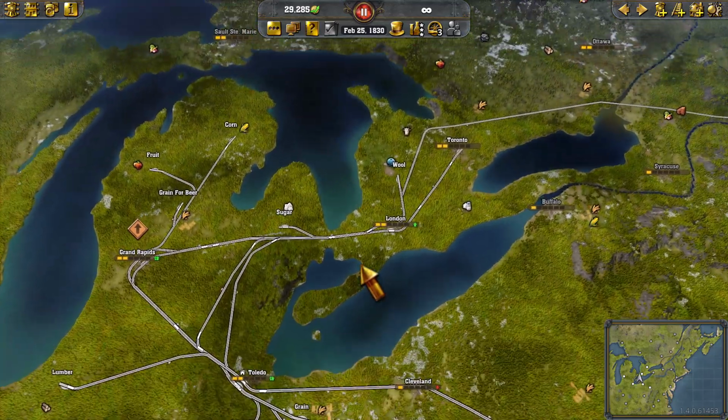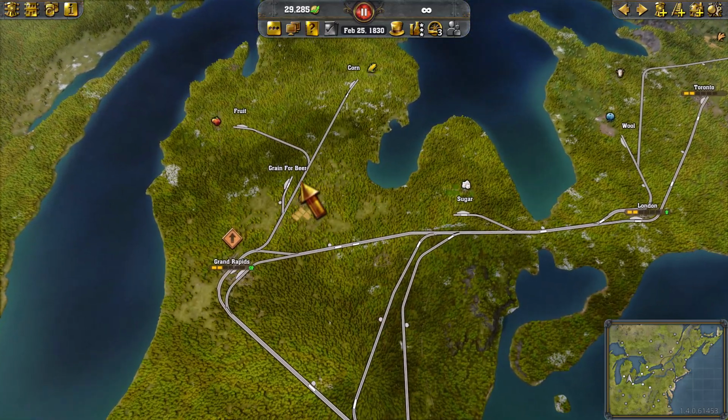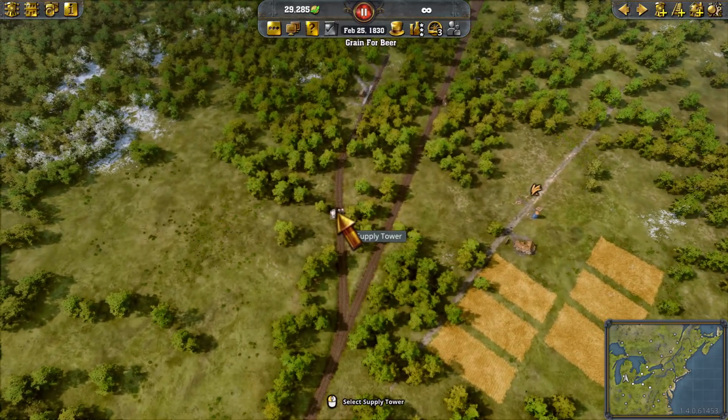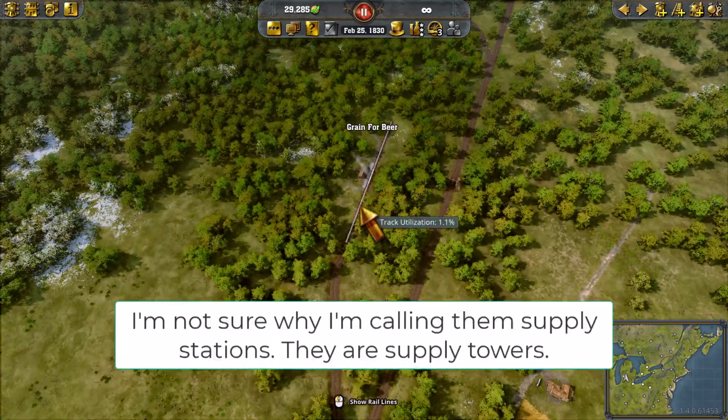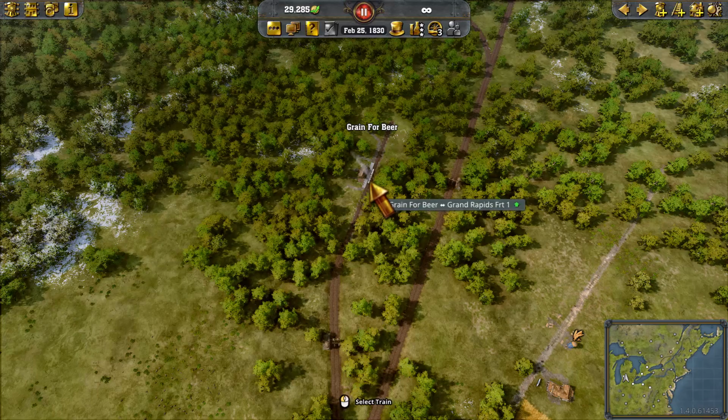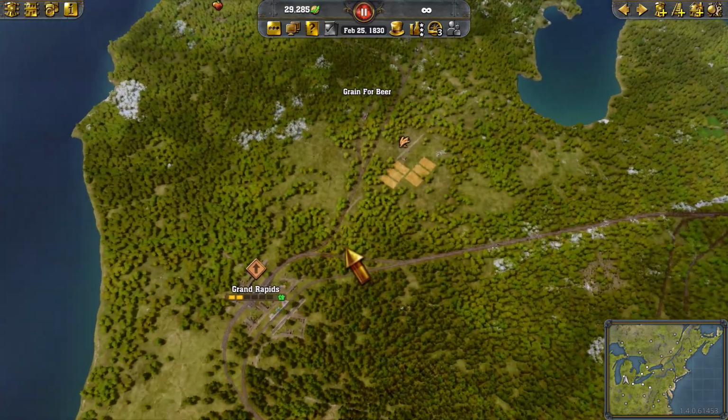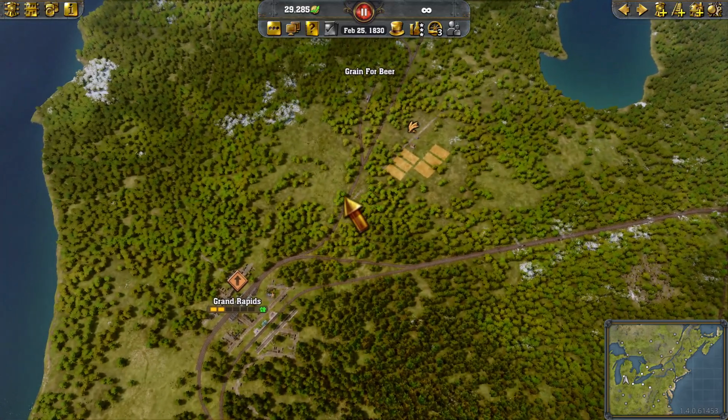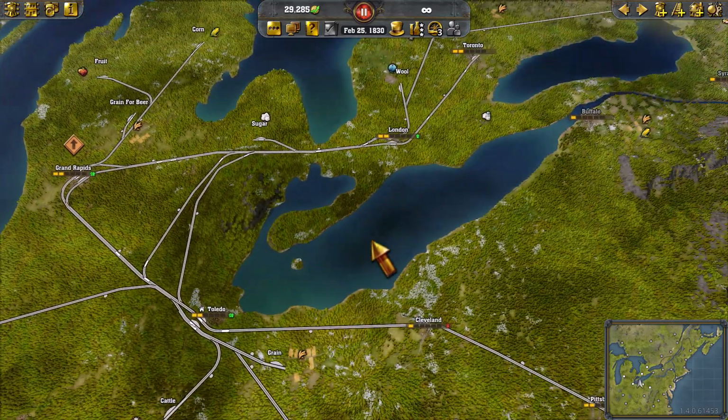That's a recipe for disaster. So spread out your supply stations. And even here, look at this. I've got a supply station on the return route, the dedicated line, like a Jan Jansen. This supply tower is like a Jan Jansen for this grain for beer line, to get it out of the way so it's not down here and all these trains coming in here are clogging up the system, right?